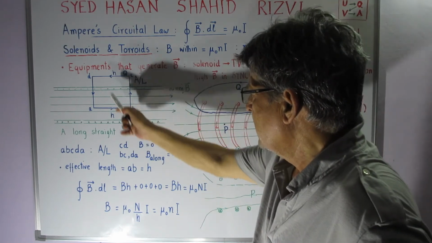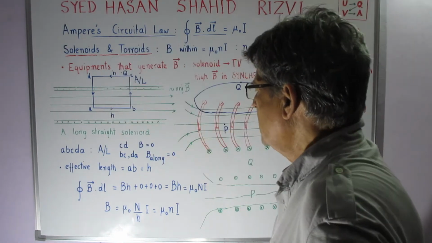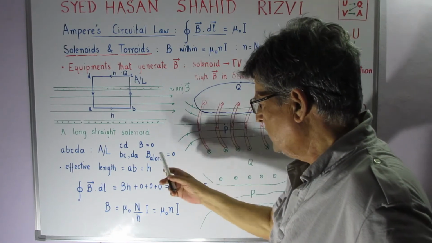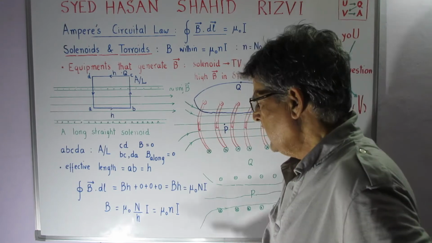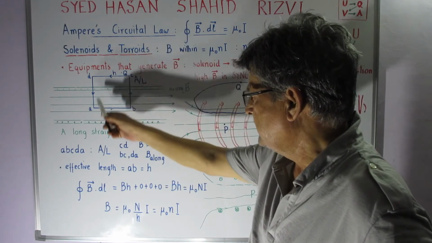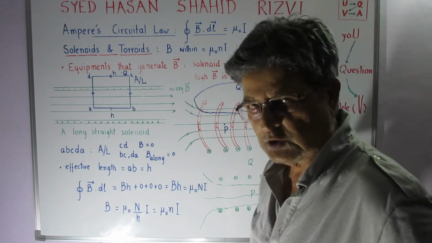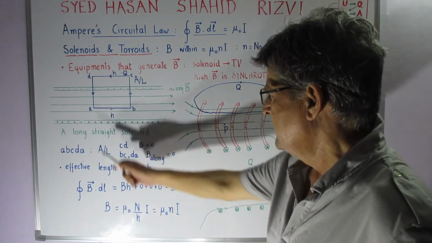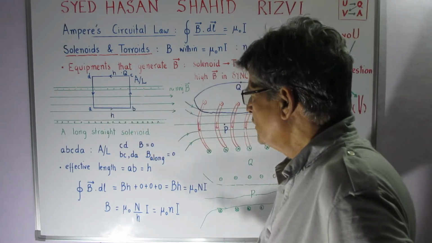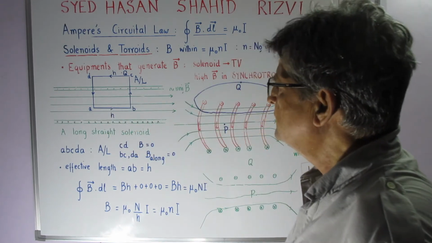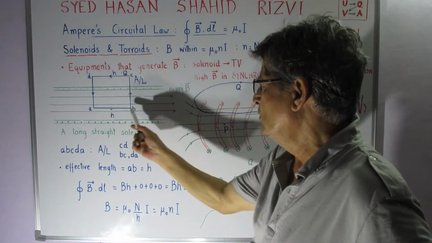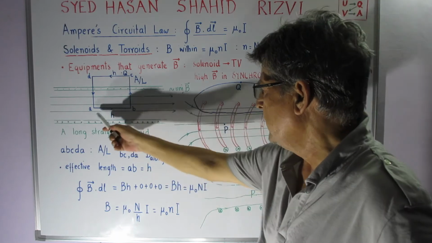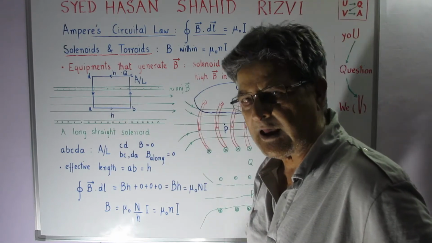For BC and DA, either the value of B is equal to 0 or the component of the field along these lines BC and DA is equal to 0. The only effective part is A to B. So the effective length of the Amperian loop that we have chosen is AB, which is taken as small h.